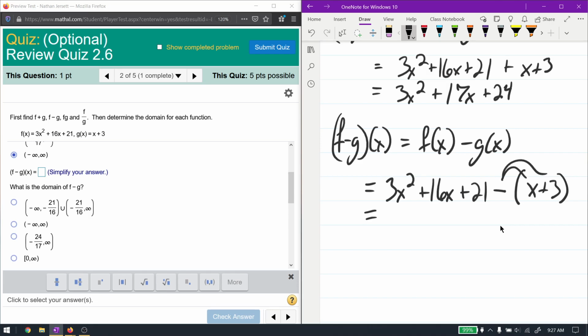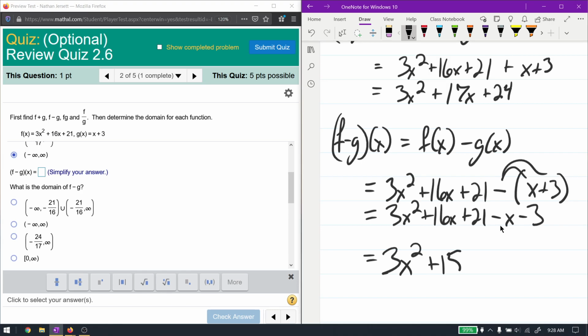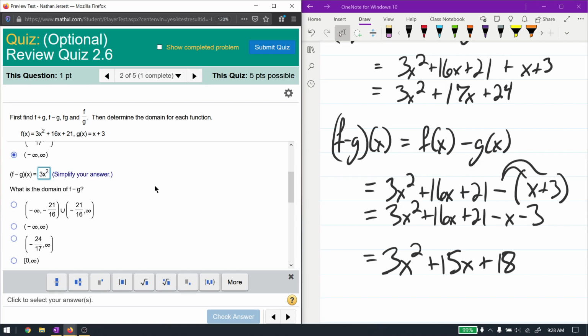That gives us 3x squared plus 16x plus 21 minus x minus 3. Now we have like terms. 16x minus x is 15x, and 21 minus 3 is 18. 3x to the power of 2 plus 15x plus 18.